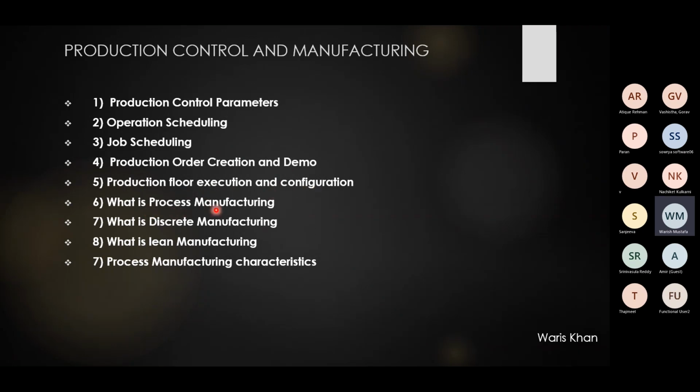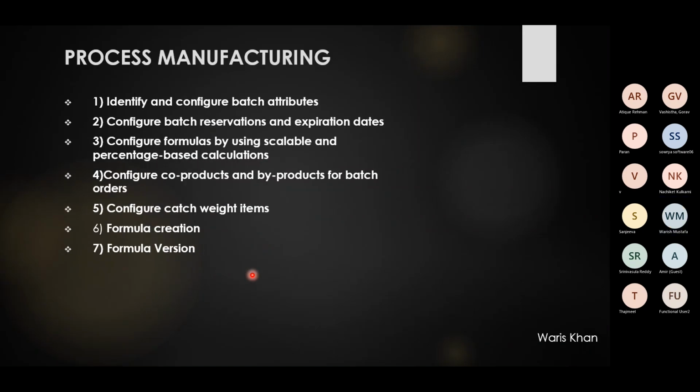And what is process manufacturing, discrete manufacturing, and lean manufacturing, and the characteristics we're going to represent here. In the process manufacturing industry and discrete manufacturing industry, the difference is make to order versus make to stock. Whatever order they are going to achieve, for example, as he told, the jewelry industry.